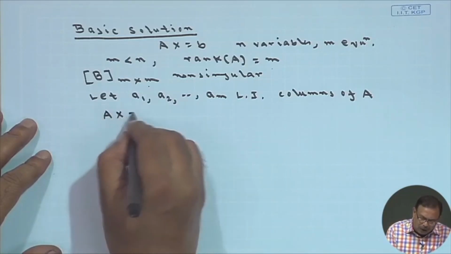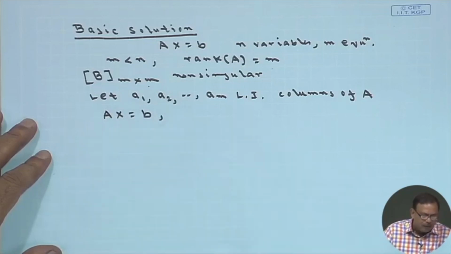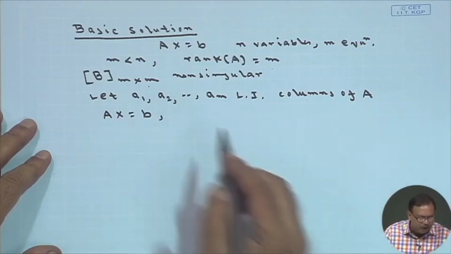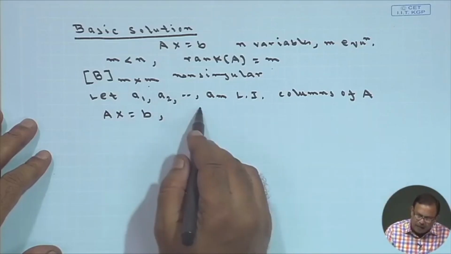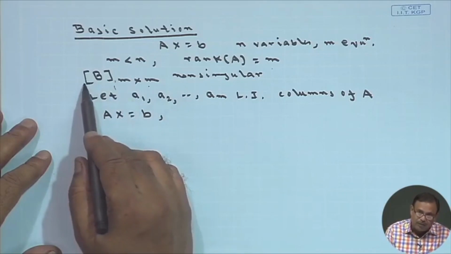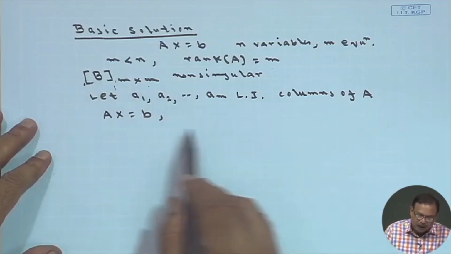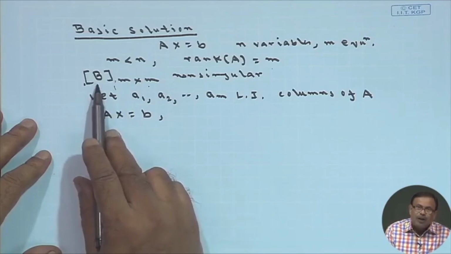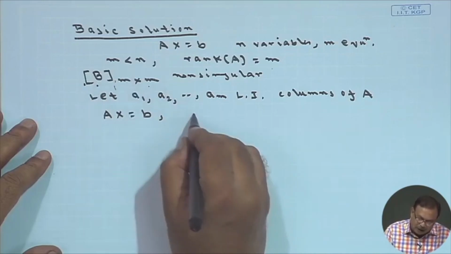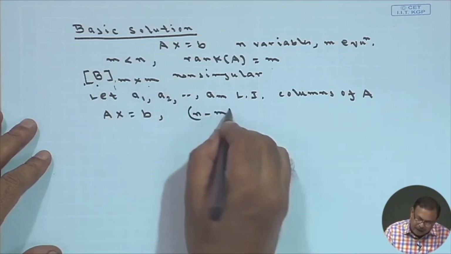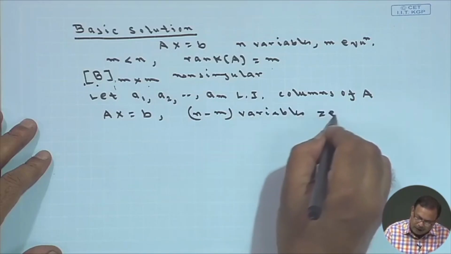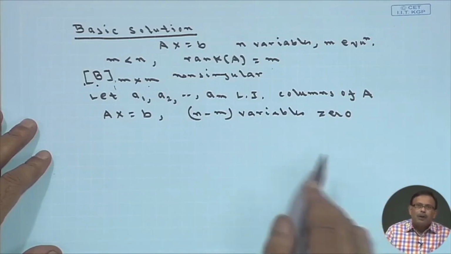Now your Ax equals b can be transformed into a system with m equations and m unknowns, which I am representing by B, and the remaining n minus m variables will be 0.